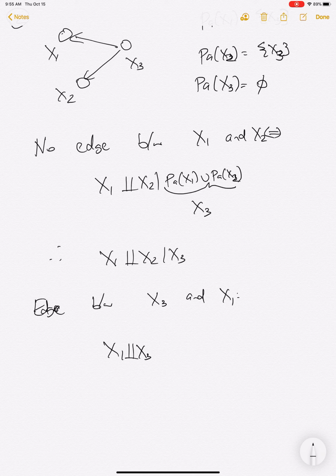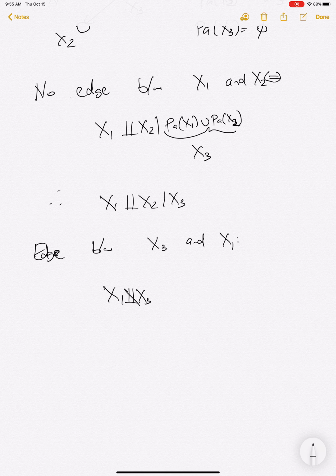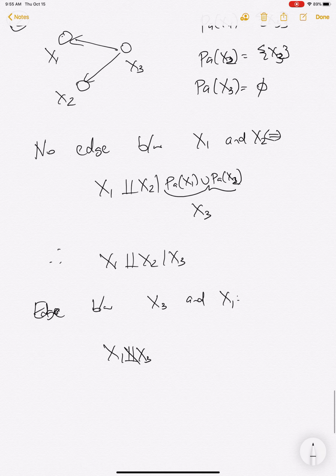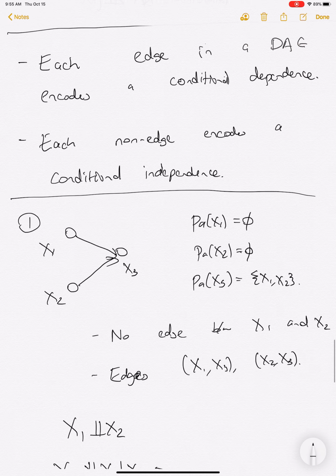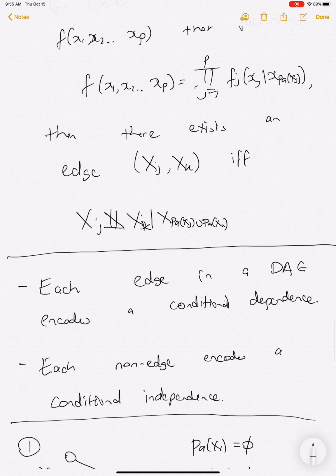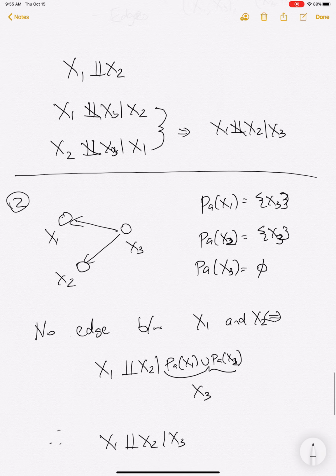Sorry, and because the parents of x3 is equal to the empty set, and the parents of x1 is equal to x3, we don't include x3 here because you don't condition on something that's in the set. So to be precise, I should actually say the parents of xj and xk, excluding xj and xk. So we're not including those two variables when we're conditioning.